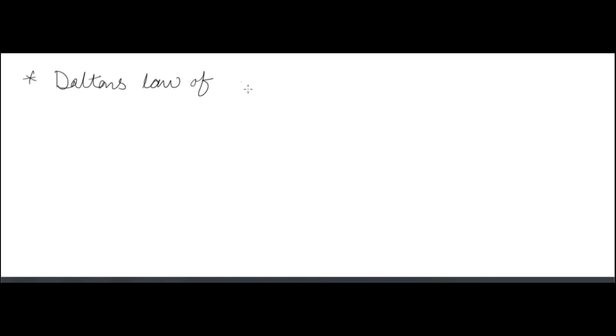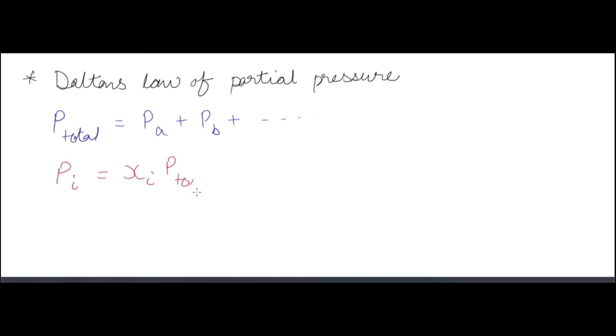Now another, Dalton's law of partial pressure. These are all topics related to GATE, not related to available energy. So Dalton's law of partial pressure: the total pressure exerted by the gases is equal to the sum of the partial pressures of the constituent gases. Pt is equal to Pa plus Pb plus Pc and so on.